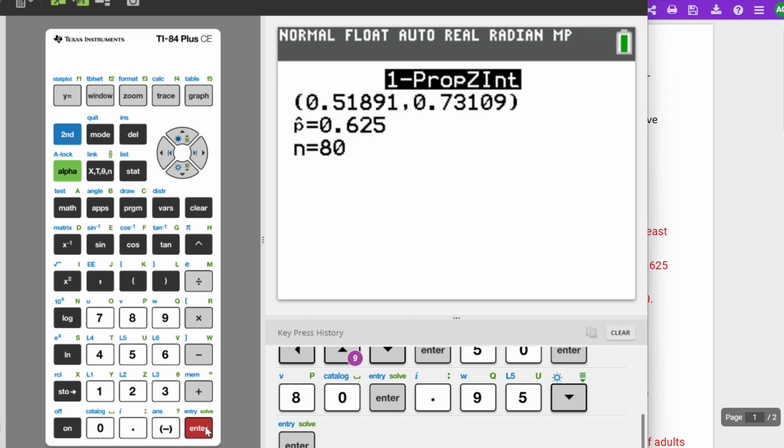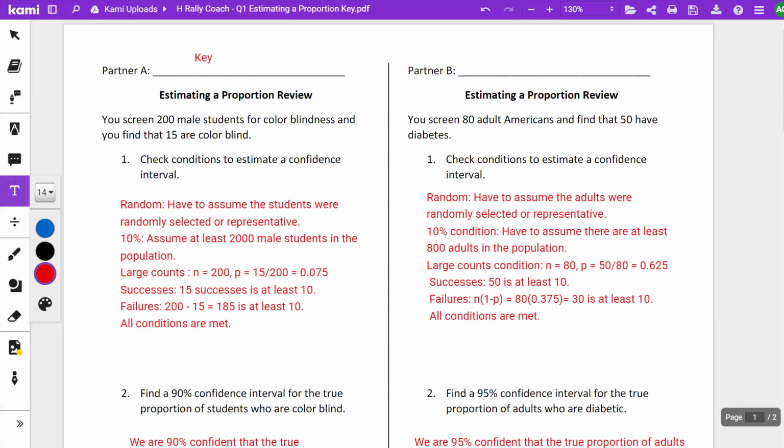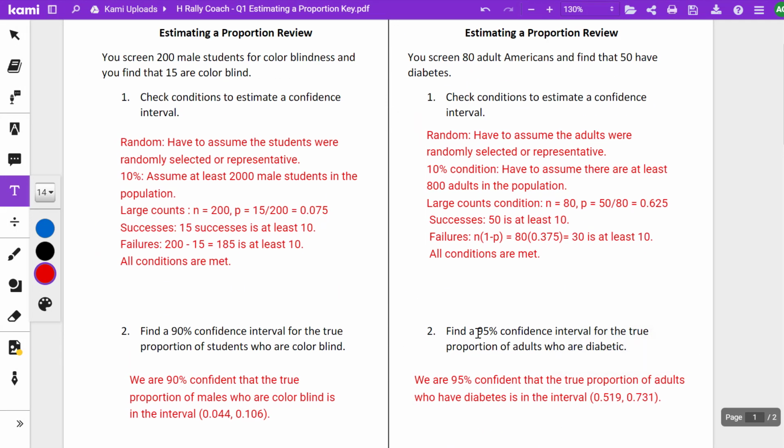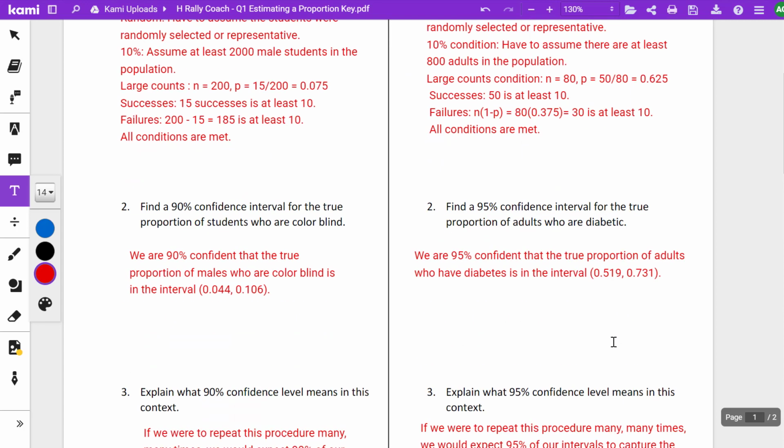And then hit calculate. You can see it's 0.519 to 0.731, which matches what we have here. So again, there was a 95% confidence that I was looking for. So that's how I put in the 0.95. And then there are two values. We're 95% confident that the true proportion of adults who have diabetes is in this interval.